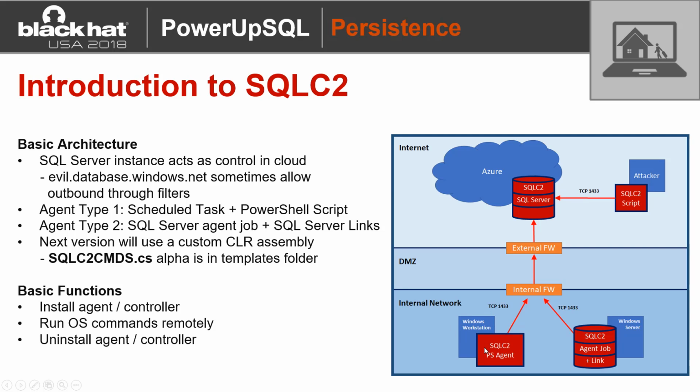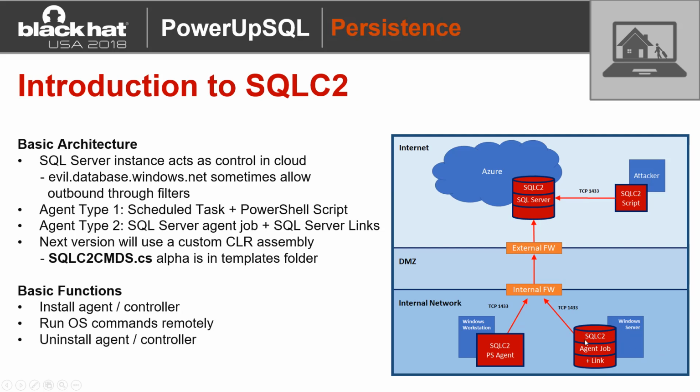It is a scheduled task, or WMI trigger. I'm using the wrong phrase there, but forgive my weak vernacular. Basically, it will run as one of those mediums. It will run a PowerShell command, and that PowerShell command will make a straight database connection out here, where the attacker can drop commands to run on this server. So we'll check in, say, give me some commands, and we'll run them as they come in.